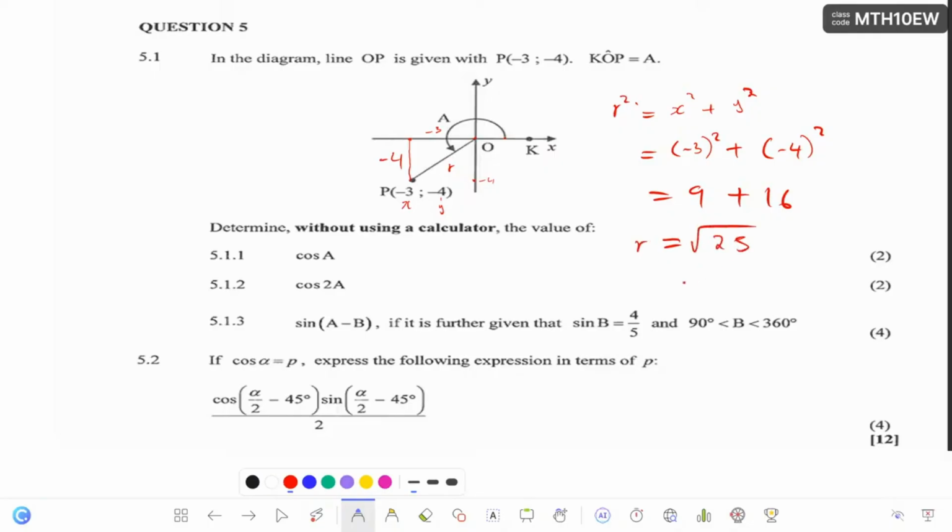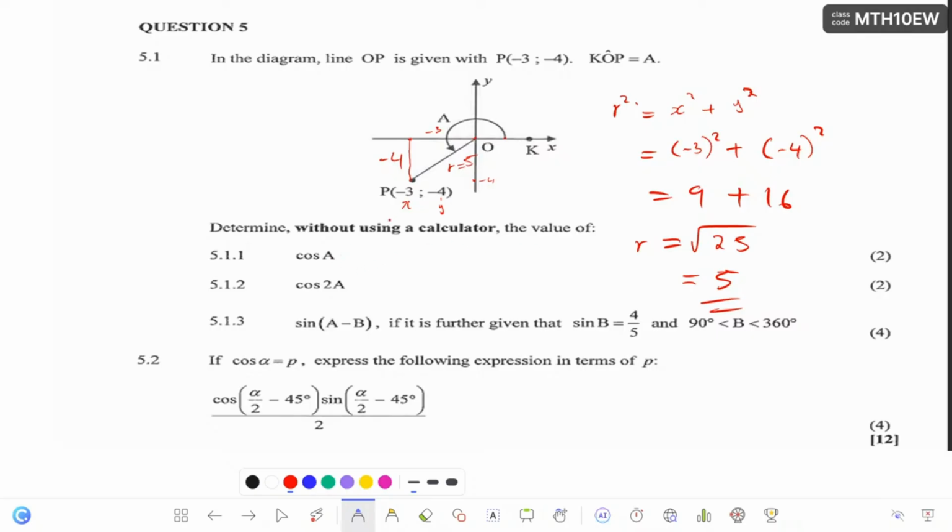Square rooting 25, we get our answer as 5. We don't use positive or negative because this is a radius, it's the distance. So our radius is 5.